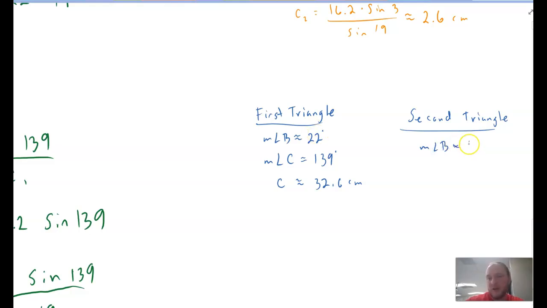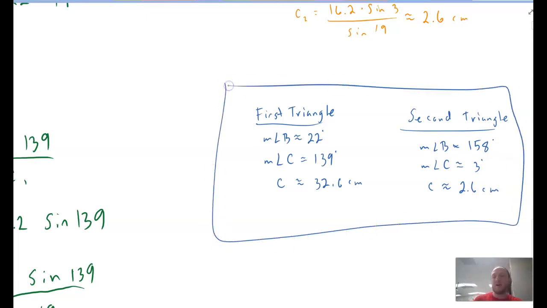So that is approximately 158, because this was approximate. Therefore, the measurement of angle C here is approximately 3 degrees. And then side C is approximately a whopping 2.6 centimeters. That's it, kiddos. I used the law of sines to solve two different triangles. Boom, in the ambiguous case.